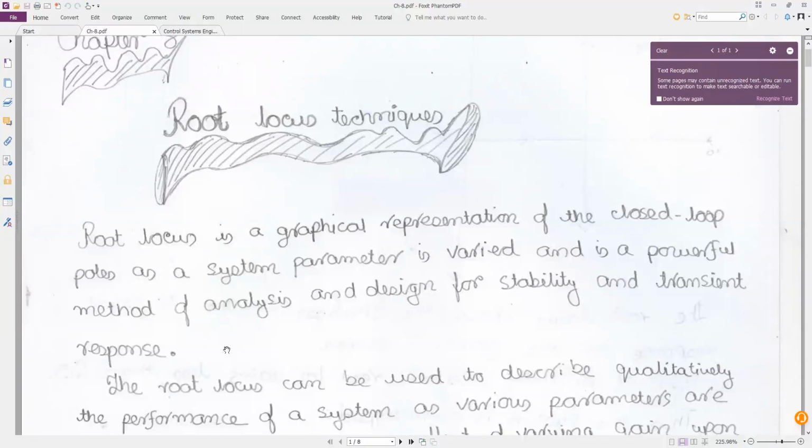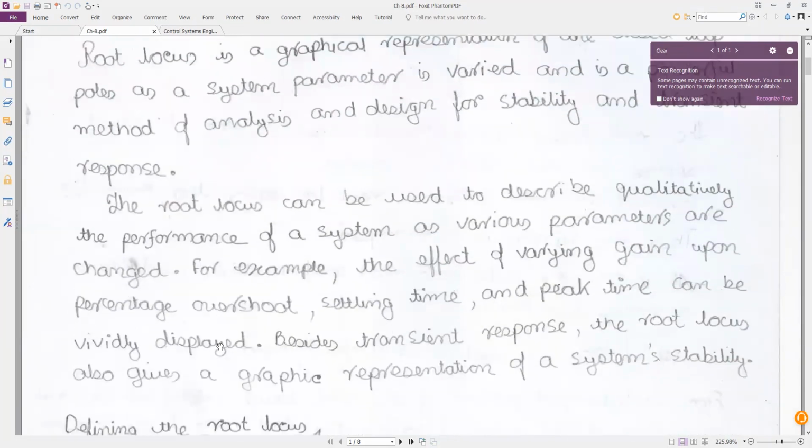That means you show the root locus through some graphs. And it is a powerful method of analysis and design for stability and transient response.